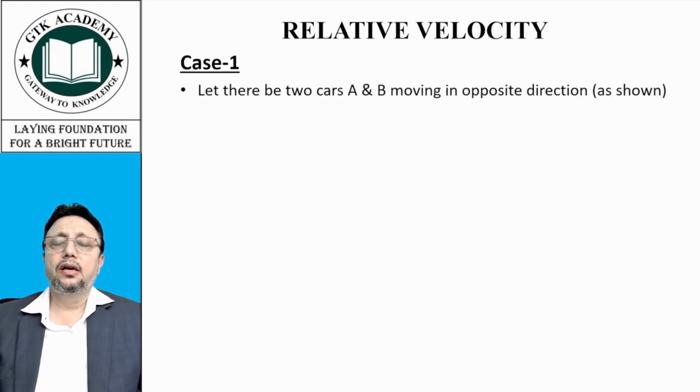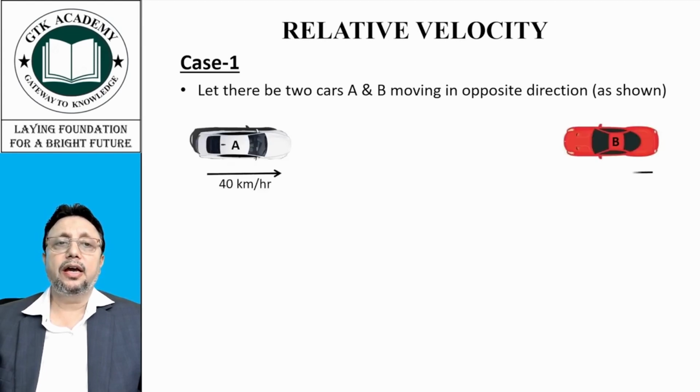Case 1. Let there be two cars A and B moving in opposite directions. A is moving with 40 km per hour in one direction and B with 50 km per hour in the other direction. They both are approaching each other on the same road. You can just pause the video and think, how will B appear to a person sitting in A?